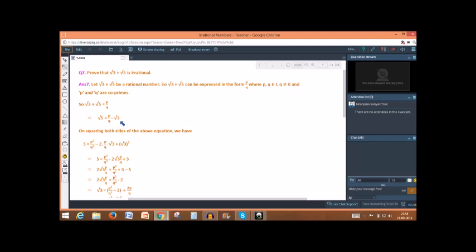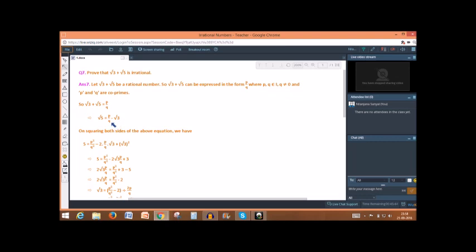We remember an algebraic identity: a minus b whole square is equal to a square minus 2ab plus b square. So if we have a equal to p by q and b equal to root 3, then p by q minus root 3 whole square, we can expand it in the form of a minus b whole square.